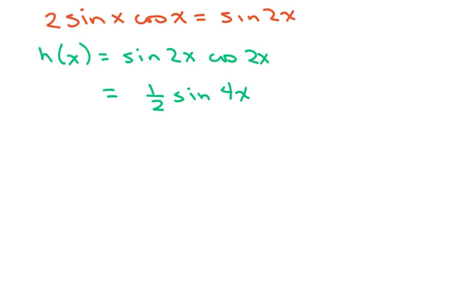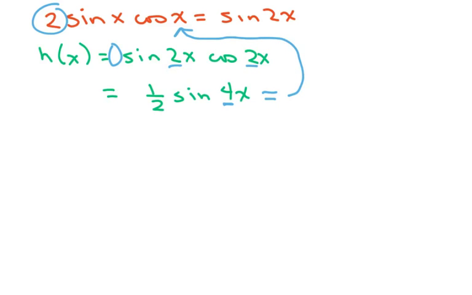Because the 2 and 2 would make the 4, and since I don't have a 2 right here, I have to take half of that. So when I expand this, I get back up to this.